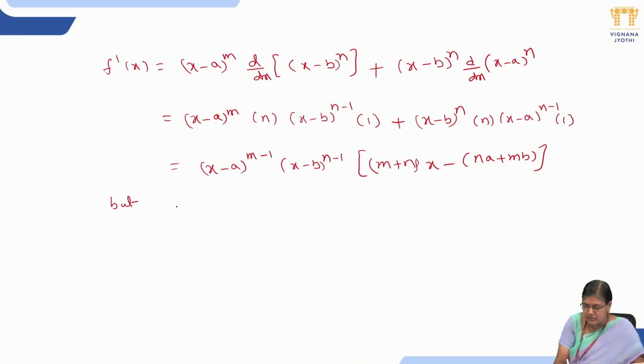But here we are going to verify whether Rolle's theorem is applicable for the given function or not. So what is f of a here? f of x is (x minus a) whole power m into (x minus b) whole power n, so f of a is equal to 0, and by putting x equal to b in f of x, you will get f of b is also 0.